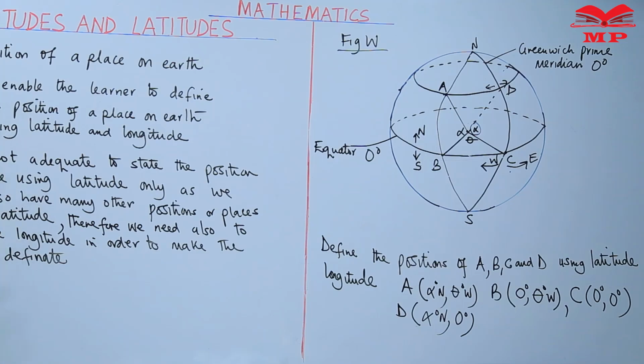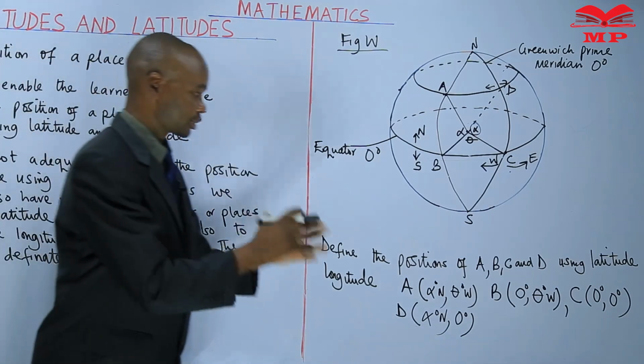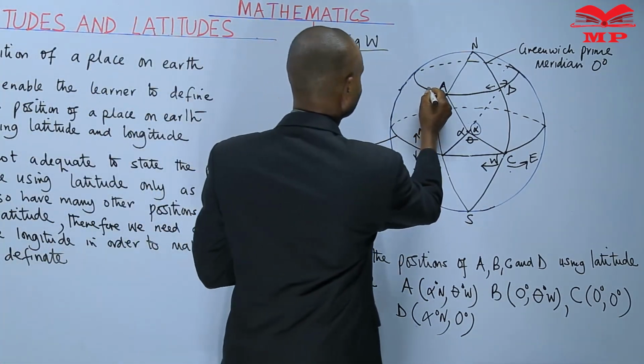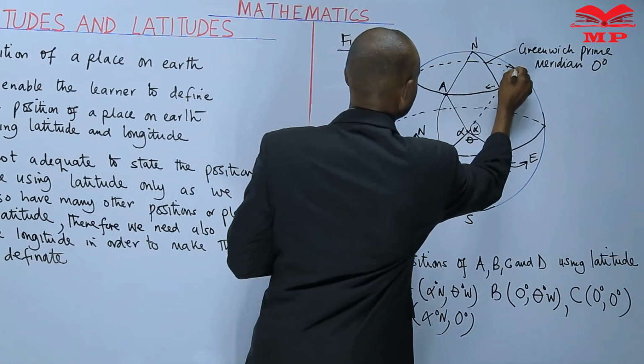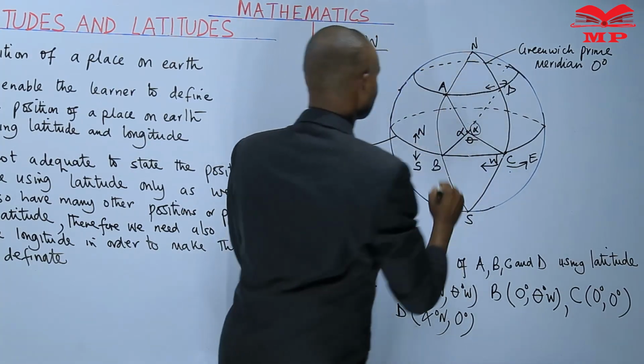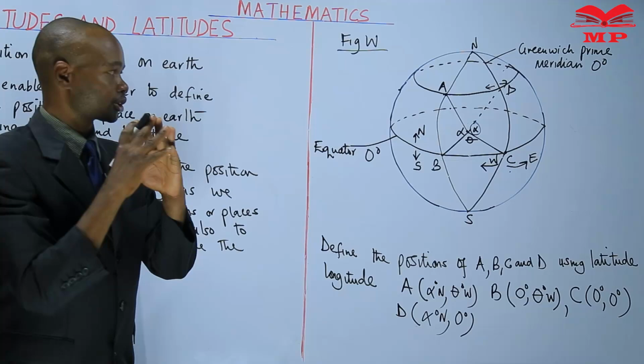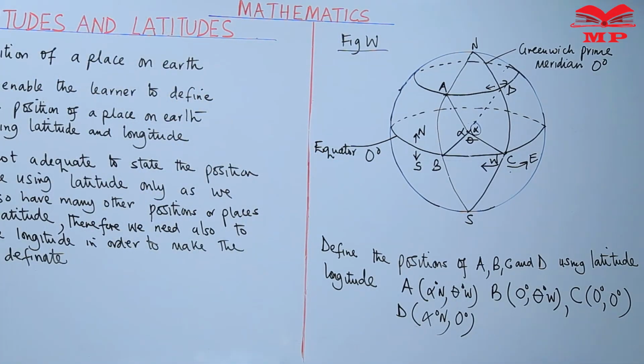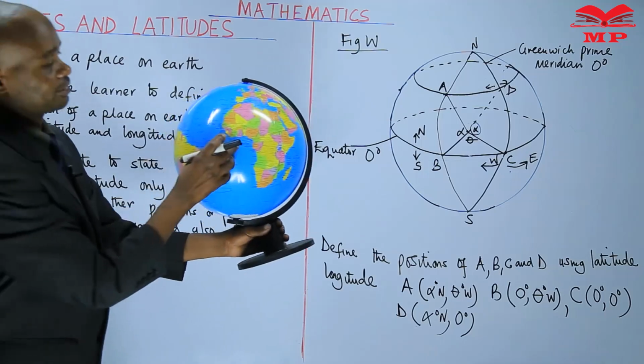So a recap of what we've done, we've seen that you cannot define a place using latitude only, because on that same latitude like this one, we have very many points. So to be definite with a position on Earth, like the one I've shown you, 0, 0 here, it's definite.